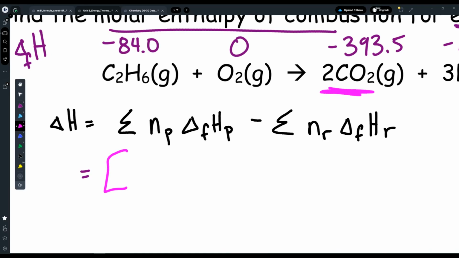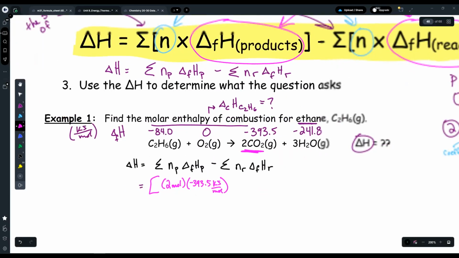Okay, so for my moles of carbon dioxide, I have 2 moles of carbon dioxide here. So I'm going to go 2 moles times by that negative 393.5 kilojoules per mole.